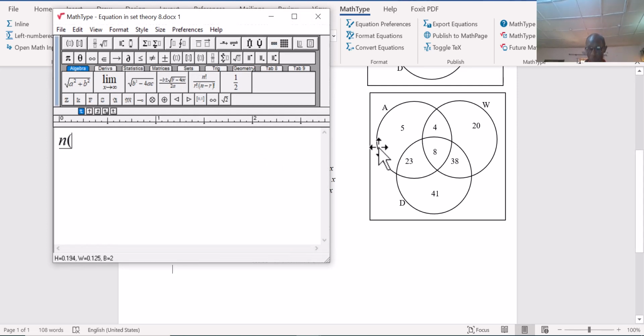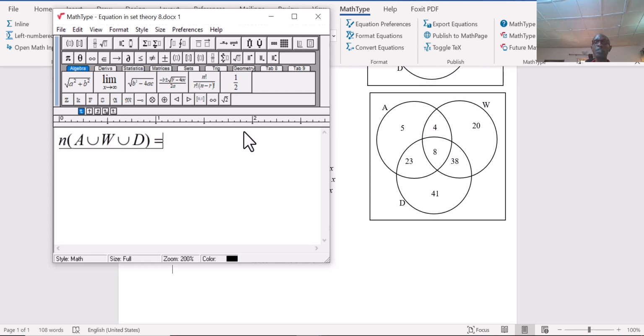So if A union W union D, that's the total of everything here. Those who are Africans, or they are women, or they are doctors, or both. That is what this notation means.